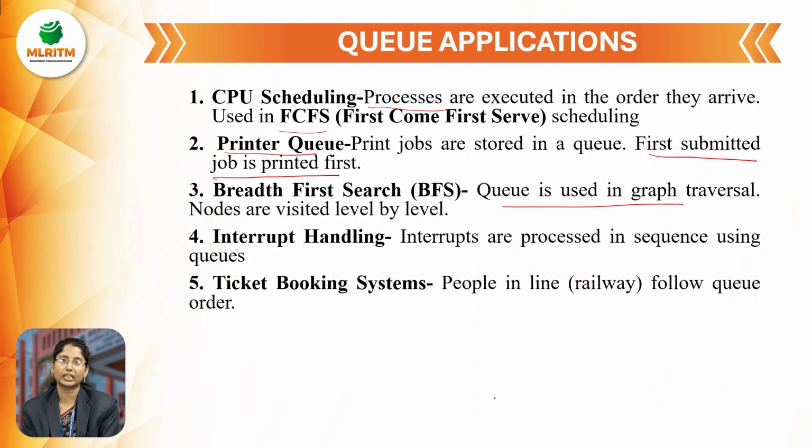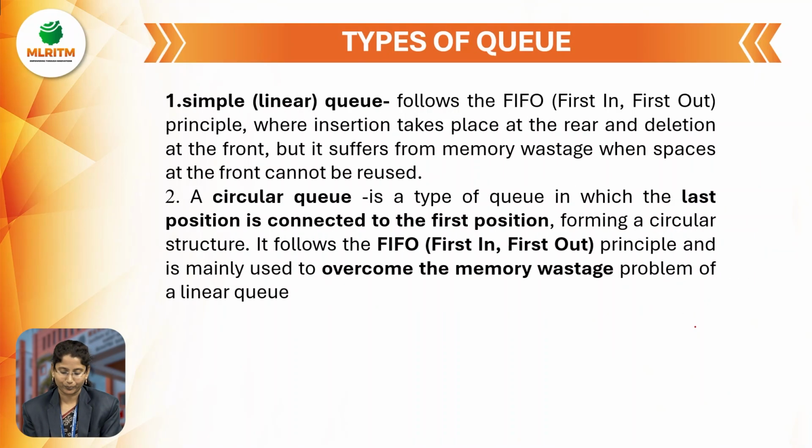The next application is interrupt handling, where the interrupts are processed in sequence using the queue. The next application is the ticket booking system. People in the line, whether for a railway or a movie ticket, follow the queue order.